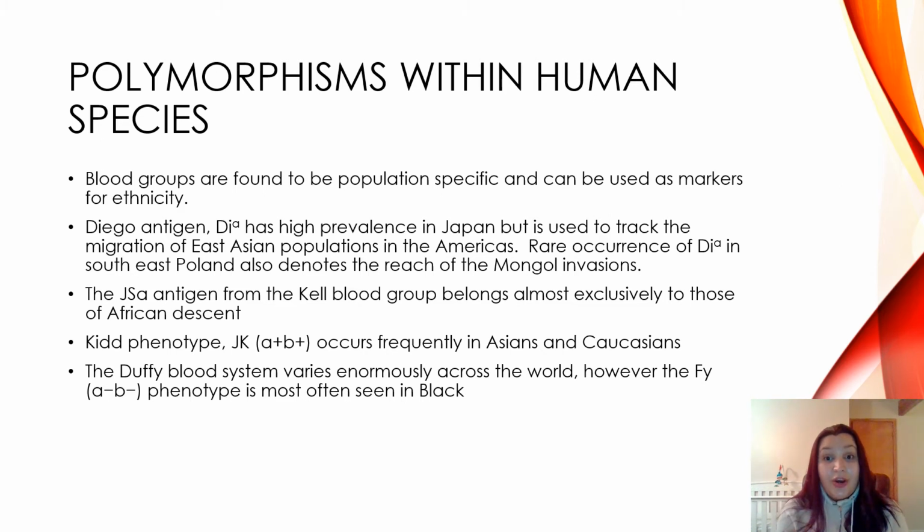And it has a rare occurrence in Southeast Poland, which denotes the reach of the Mongolian invasions in recent historic times. You can see that the Jsa antigen belongs almost exclusively to people of African descent. The Kidd phenotype, Jk(a+b+), occurs frequently in Asian and Caucasian populations. And as we've gone over, the Duffy system varies across the world, but Fy(a-b-) is most often seen in Black populations because of its advantage against malaria.